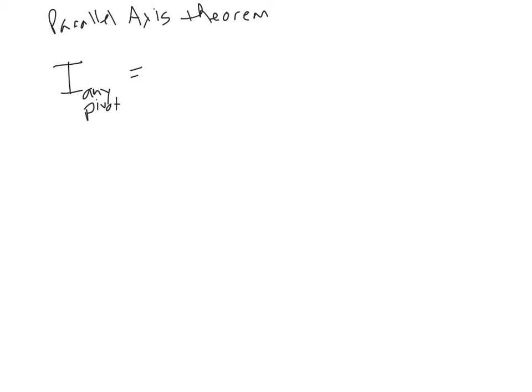is equal to the rotational inertia of the object about the center of mass. So basically, that's the rotational inertia of the object when it's rotating about its center of mass, which is always its smallest rotational inertia.